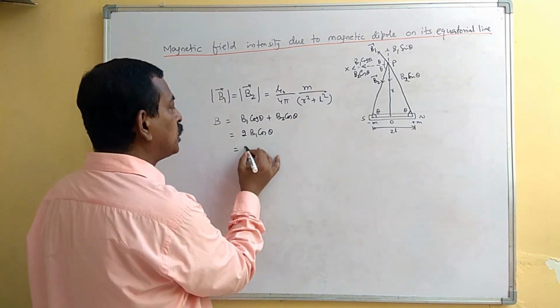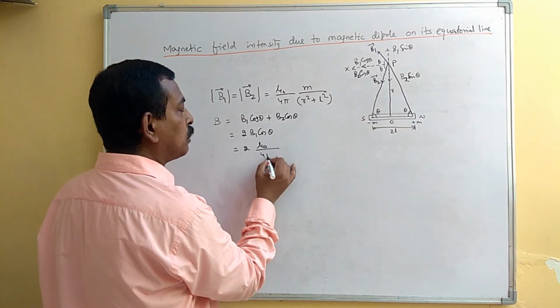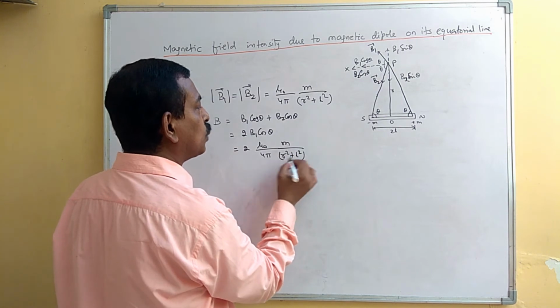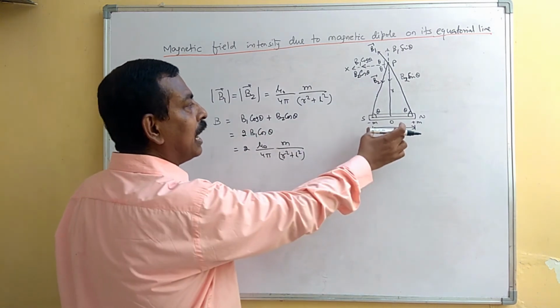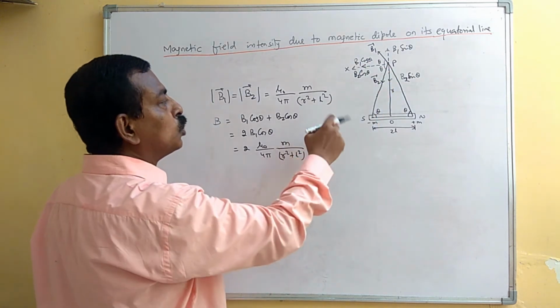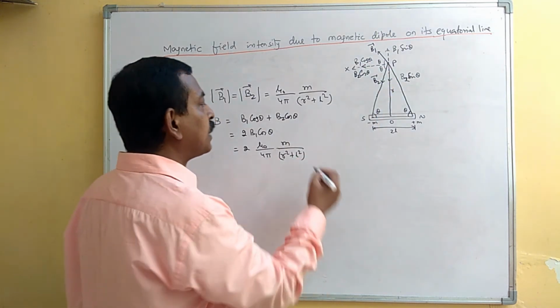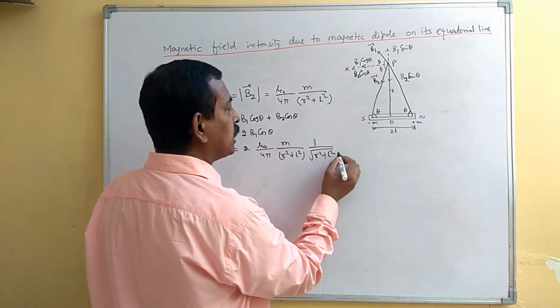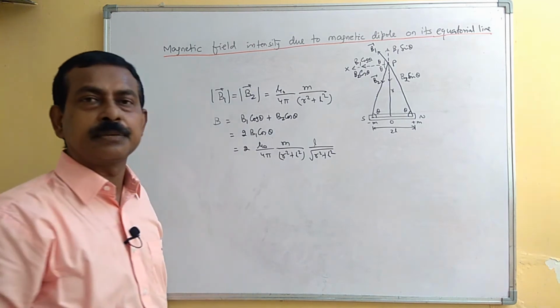So if you put that, it is mu naught by 4 pi, m by r square plus l square, and for cos theta I can write l by square root of r square plus l square. So this is l by root over r square plus l square for the cos theta term.